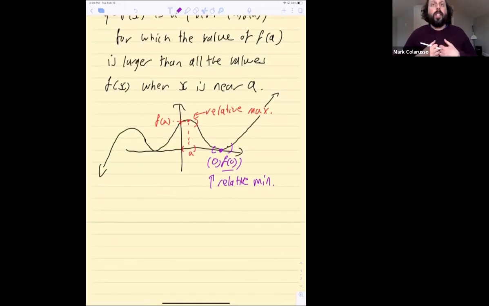Okay, so you can see these from the graph, right? We can see on the graph how to think of a relative max and a relative min. And the question now is, how do we actually find these using calculus? What I was saying in the first video at the beginning is that we can learn how to read things off a graph. We do this a lot in pre-calc, and we do it here a little bit again in more precise language.